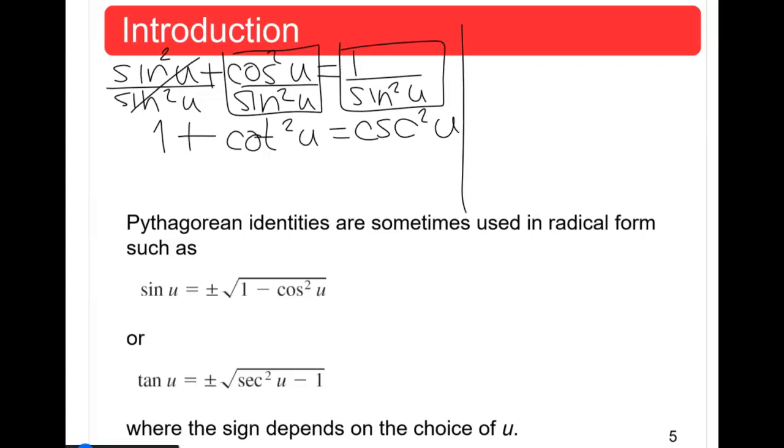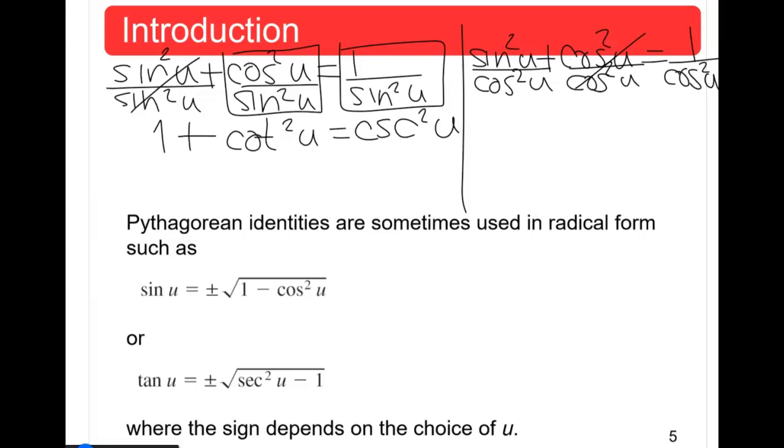Now, similarly, if we start with the same Pythagorean identity, and now we divide everything by cosine square of u. And we could do that because we're doing it to both sides of the equation. So we're not really changing it.